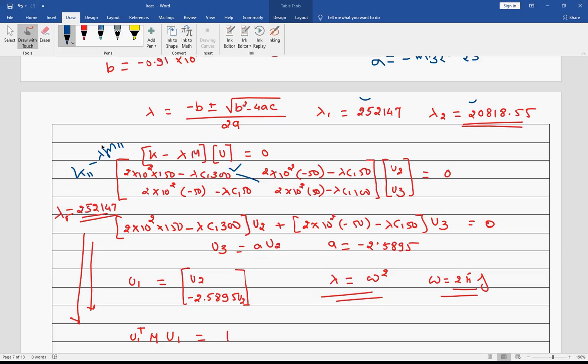Some lambda you put down. This value is going to come. Okay, and this factor will be k12 minus lambda into m12. Okay, so you can put down this lambda and you can get both the factors, this and this. Okay, so this belongs to u2 and this belongs to u3.